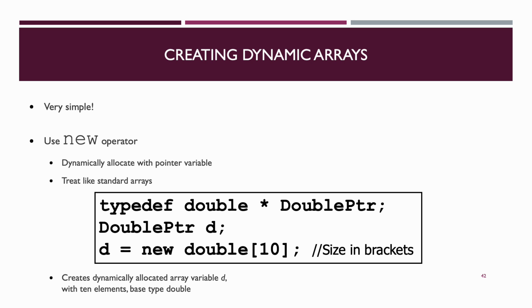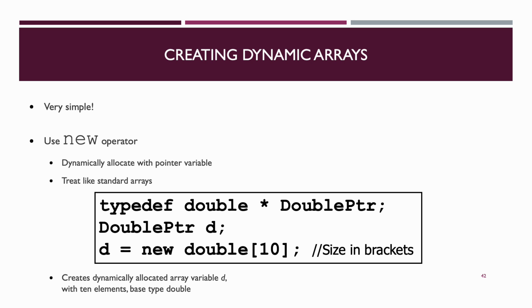The size of the array is specified within the brackets, just like a standard array. After allocation, you can treat this dynamic array just like a standard array. You can access elements using index notation like d[0], d[1], d[3], etc. The main difference is that the size is determined at runtime and the memory is dynamically managed.